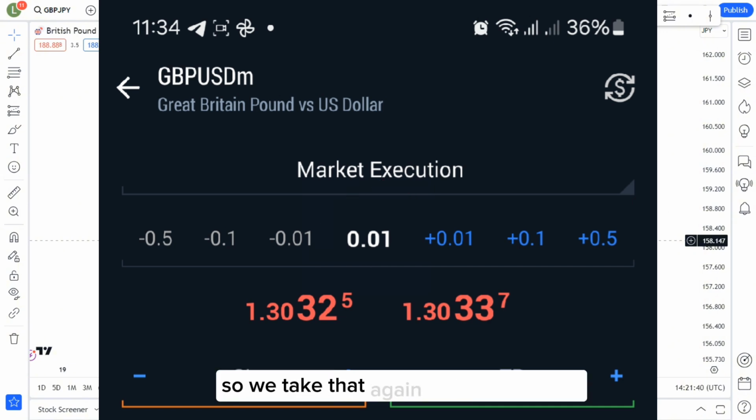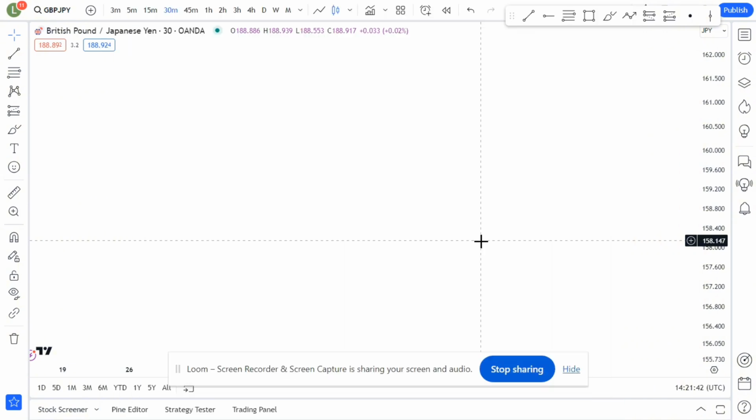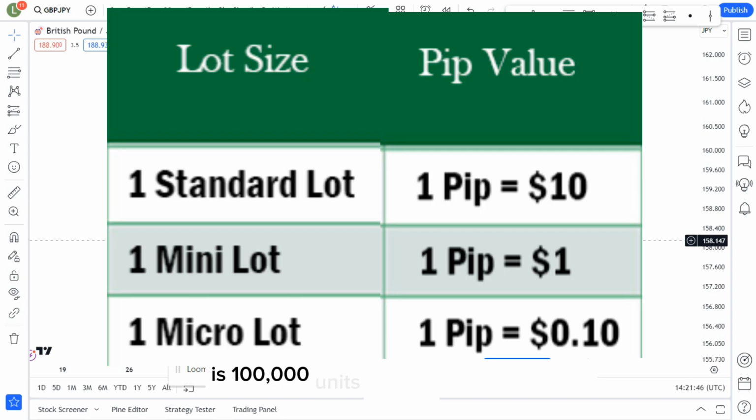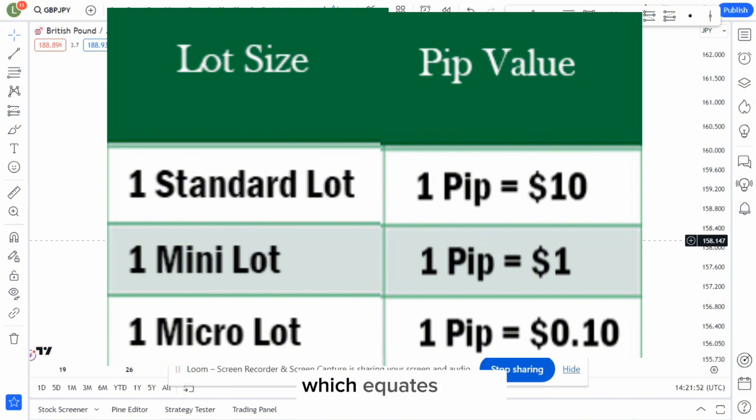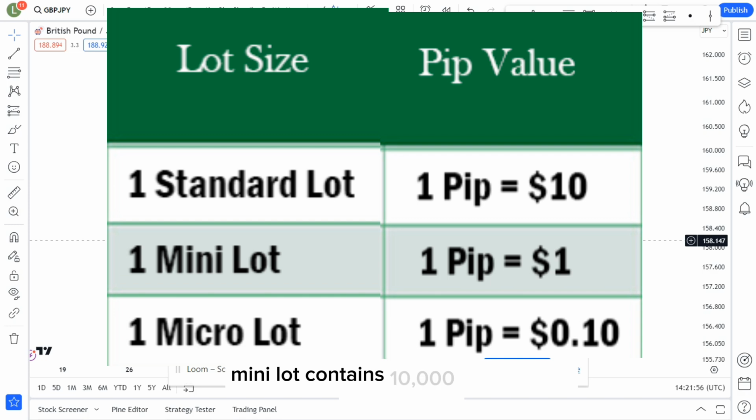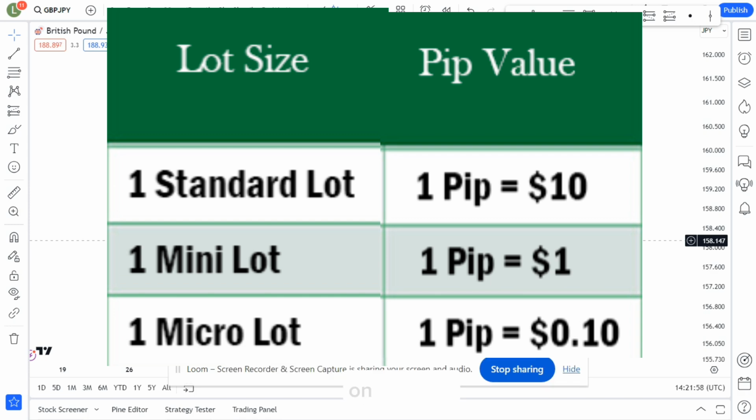So we'll take that again. Standard lot size is 100,000 units, and it is represented by one lot, which equates to $10 per pip. Mini lot contains 10,000 units.